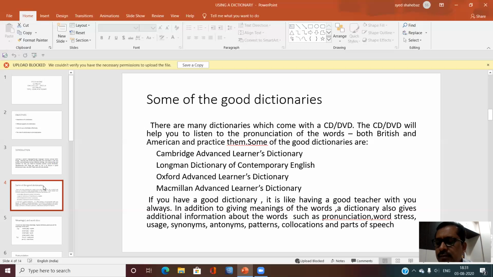Different patterns are given, like subject verb, subject verb complement, subject verb object, subject verb indirect object and direct object, subject verb object and adjective, like that.